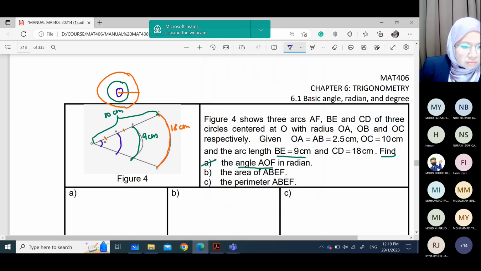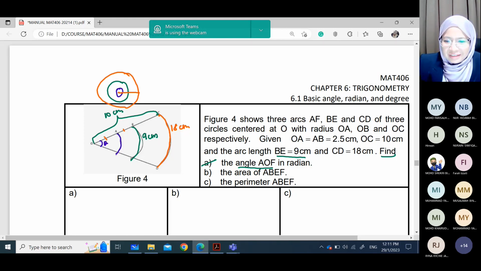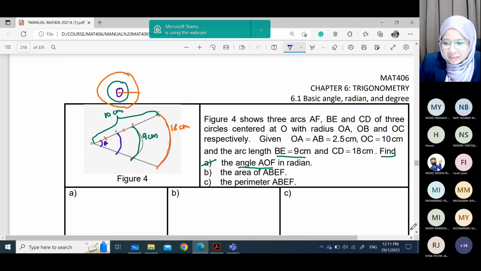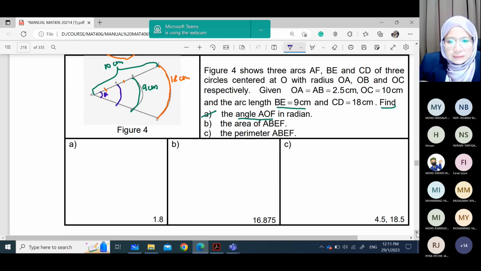Kalau kita tengok pada sektor yang ini, angle bagi ketiga-tiga circle adalah sama di sini. Ini angle dia. Okay, boleh cari. Angle AOF, theta. So theta bagi EOF.